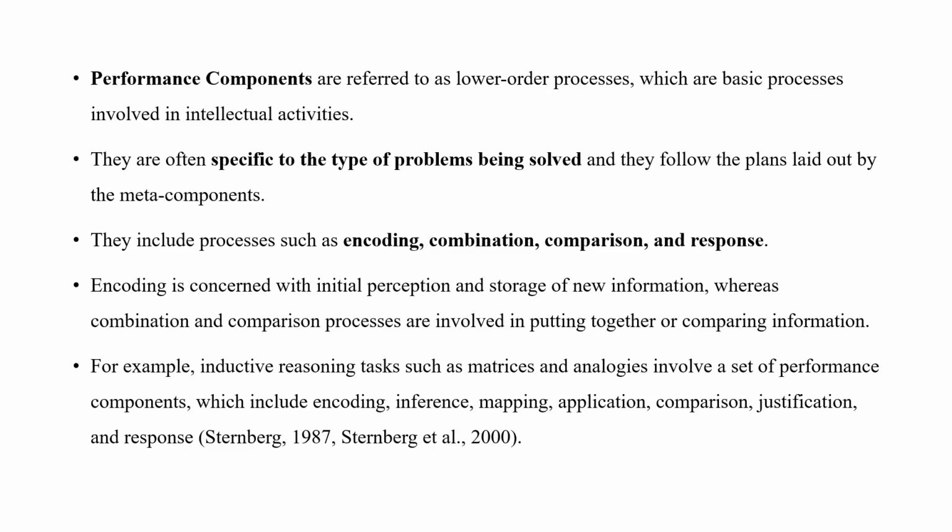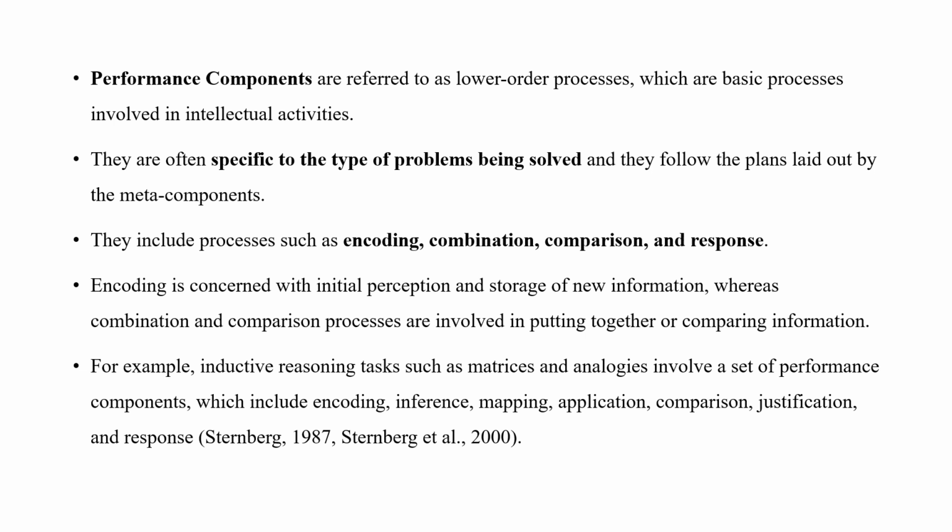Now let's come to the performance components. The meta components are higher order processes, but performance components are the lower order processes. They are the basic processes involved in our intellectual activities, whatever we do with our intelligence.